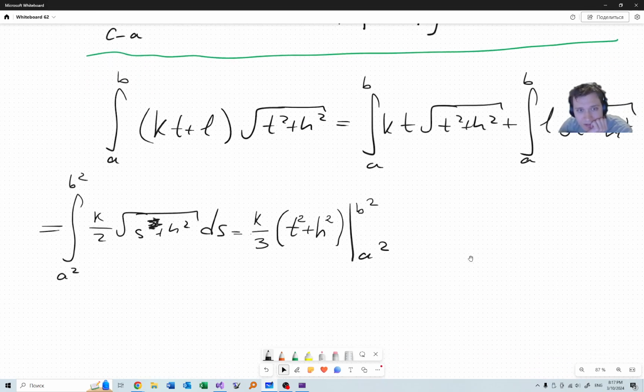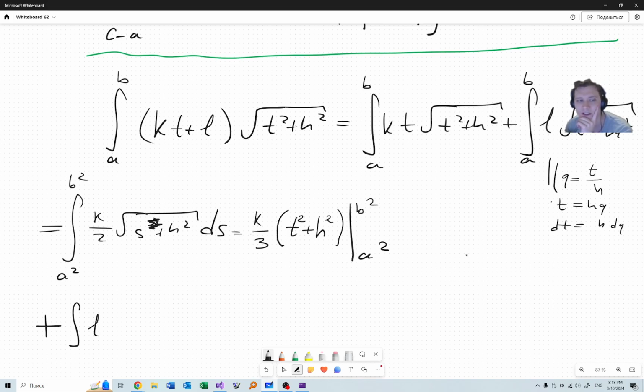Okay. And the second one, we say that we want q equals t over h, and then t equals hq and dt equals h dq.